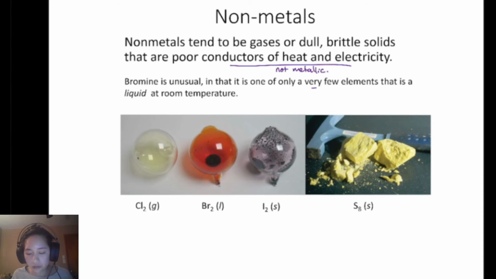It's one of only a few elements that is a liquid at room temperature. The only other element that's a liquid at room temperature is mercury, which is a metal. But in general, most of the naturally occurring nonmetals are either solids or gases at room temperature. Here are some examples: chlorine is a gas, bromine is a liquid, iodine is a solid, elemental sulfur is a solid.